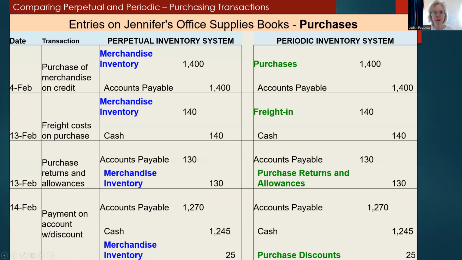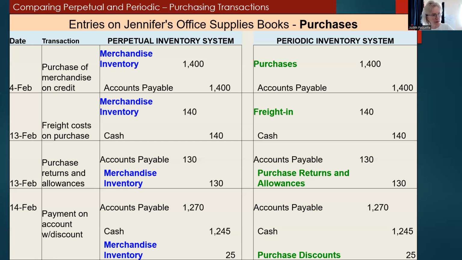However, if we're doing periodic, we just go purchases, not inventory, because we don't know what inventory is, because we haven't counted it. In the perpetual system, we actually know what's in inventory. There can be mistakes here and there, but in general, the computer's tracking every item all the time. What comes in, what's sold.